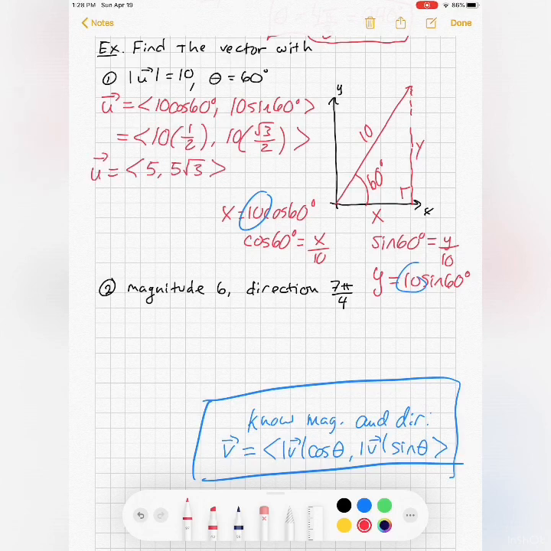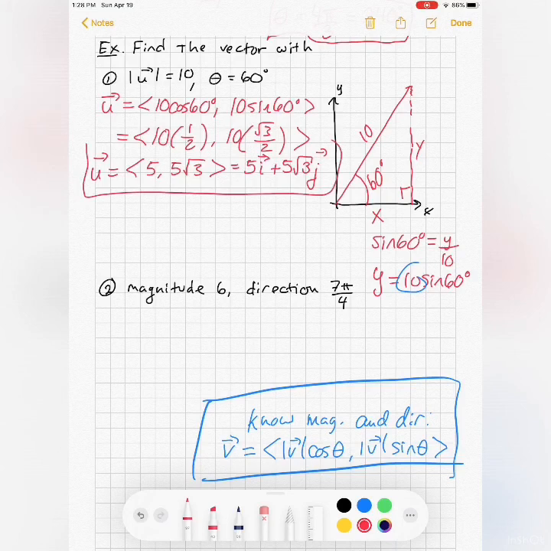Okay, so there's the vector u, and that vector is written in component form. Then again, it just depends on the instructions. I could write that equivalently in terms of i and j. It would look like so. Okay, so those are both ways of writing the same vector, different notations.